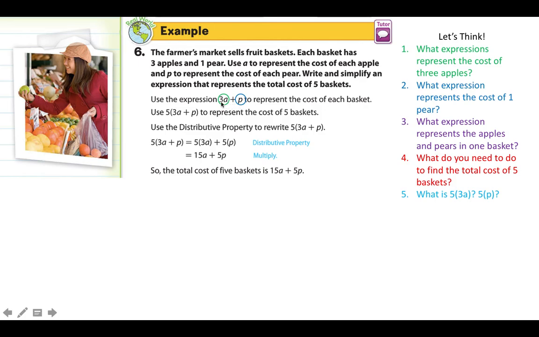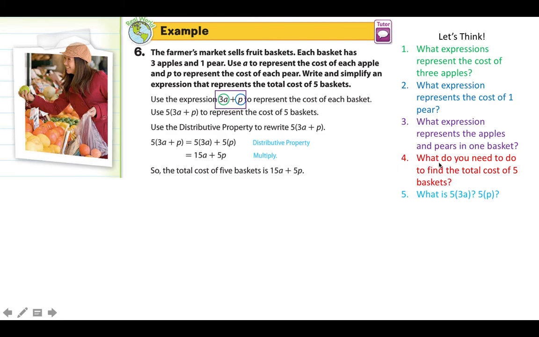So 3A, 3 apples, 1 pear. What expression represents the apples and pears in one basket? All of that together is going to represent the cost of 3 apples and 1 pear. And we know "and" means add, so we're going to add 3A plus P.